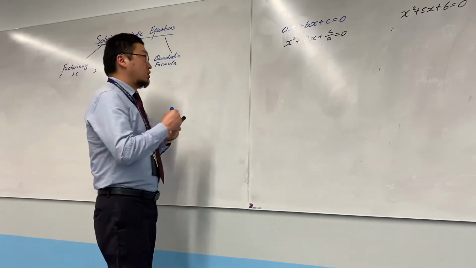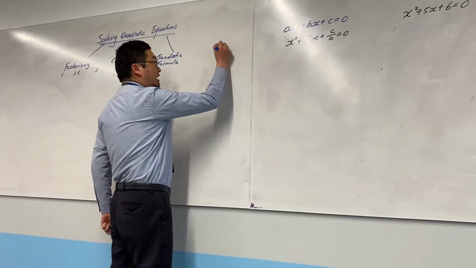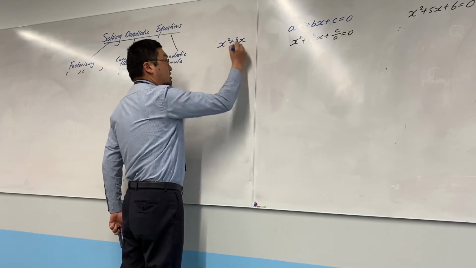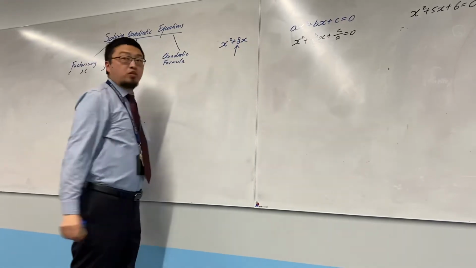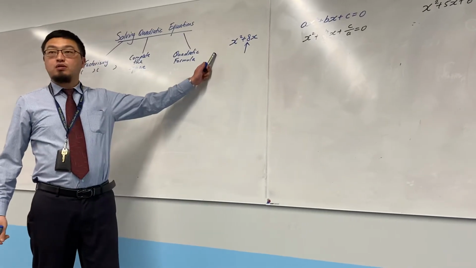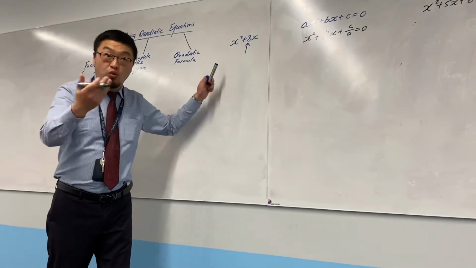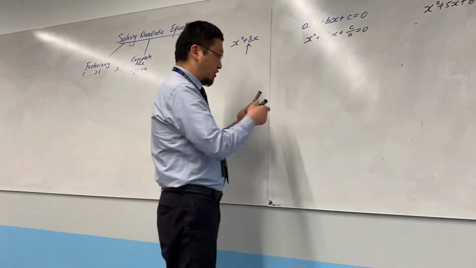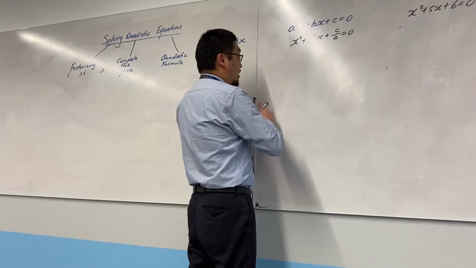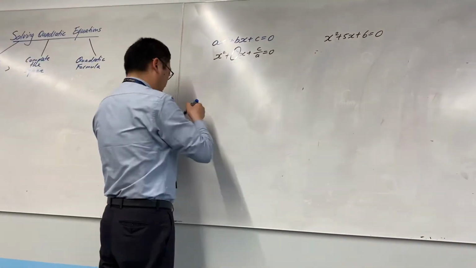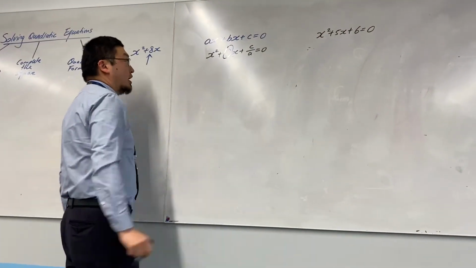Just to give people a hint: complete the square, if I had something like this last week, what would you do there? I divided by 2 and I square that. Same thing here. So the coefficient of that is this one. I divide by 2, what do I get?